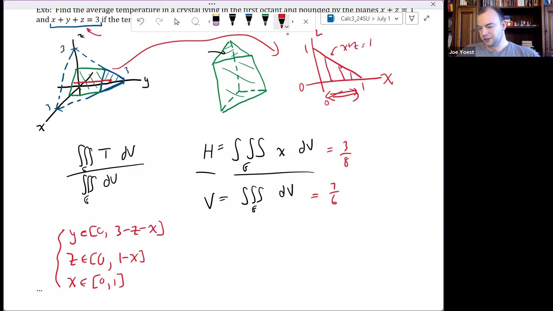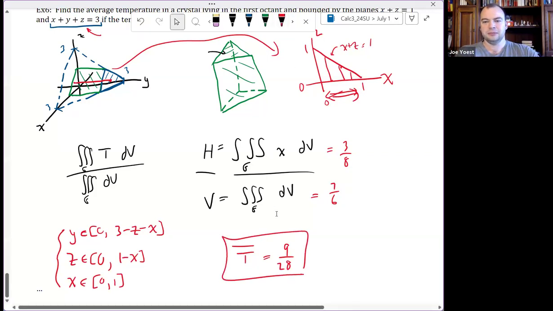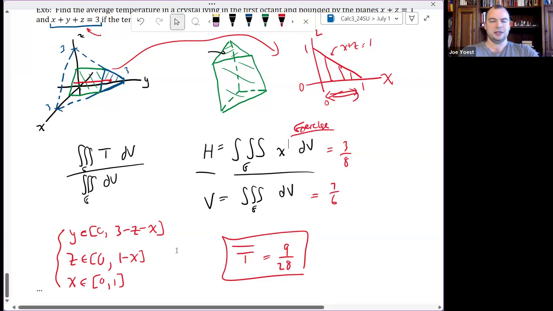And then we take the ratio to get the average temperature, which is 9/28. So I'll leave the details as an exercise, but the integration is fairly straightforward to carry out. It's just a bit of work and being careful with these bounds, and also don't forget about the x in one of them and make sure to distribute that.